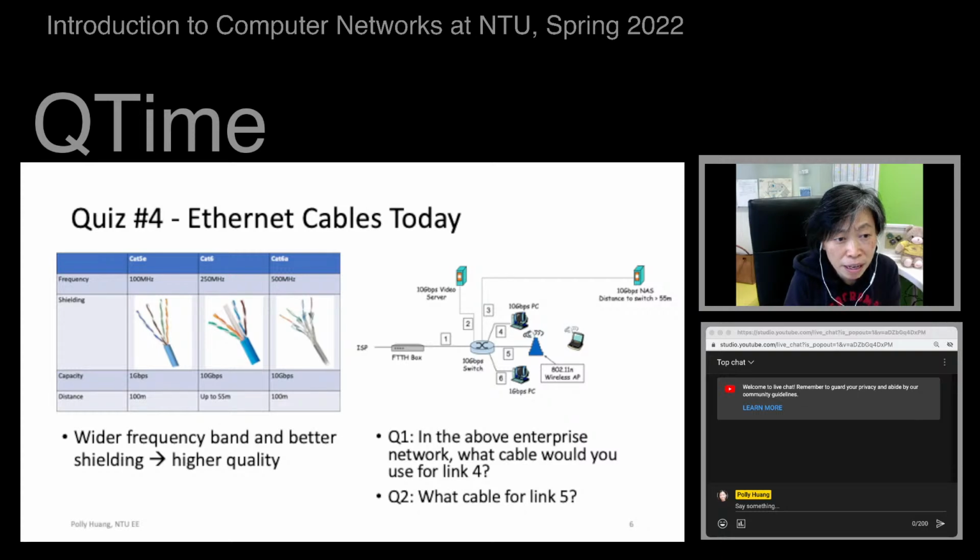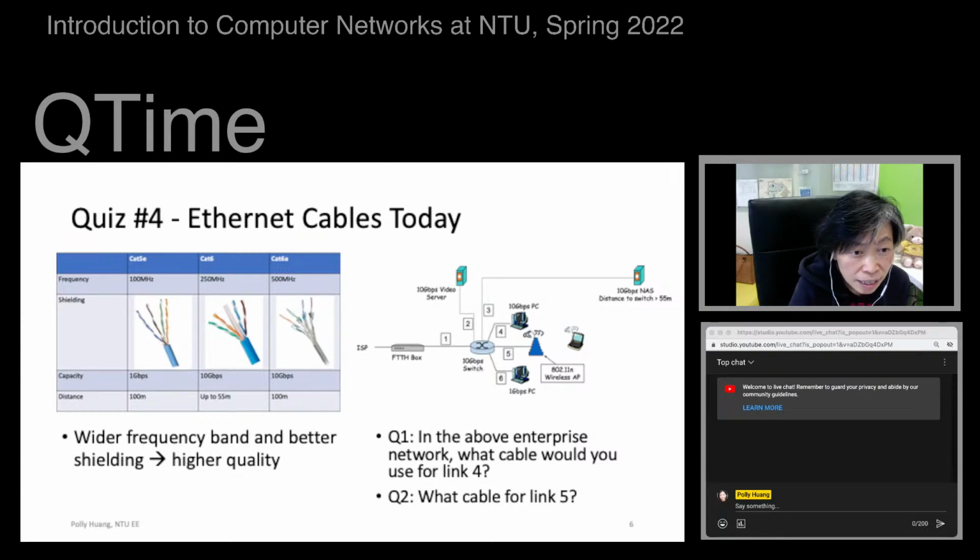And you have link 2, an Ethernet cable connected to a video server. Link 3 connects to a NAS, a network storage for individual use. That's also high speed, 10 gigabits per second, and it's actually far away from the switch. And you have link 4 that's connected to a PC nearby. Link 5 connects to the access network, and it's a wireless access network.